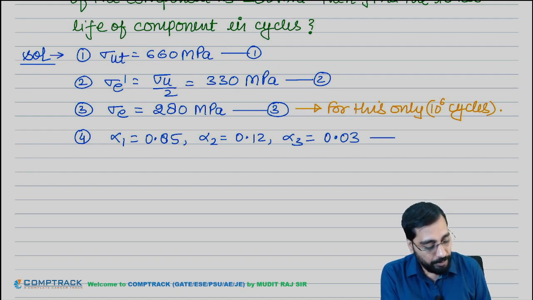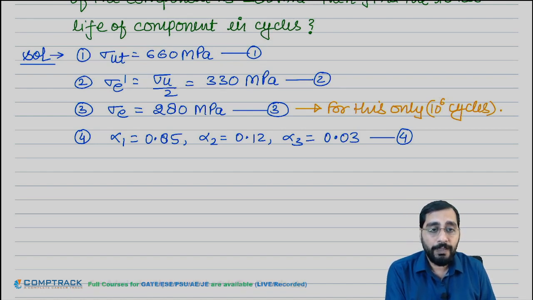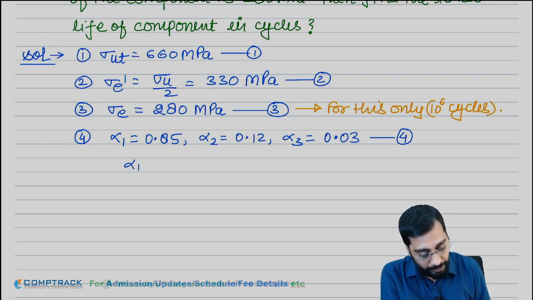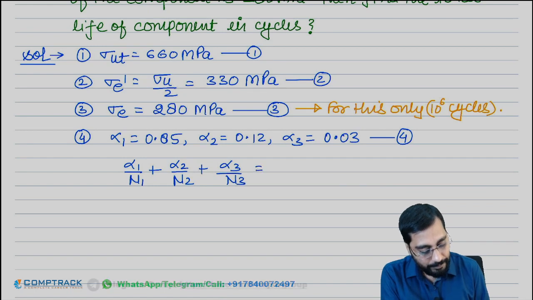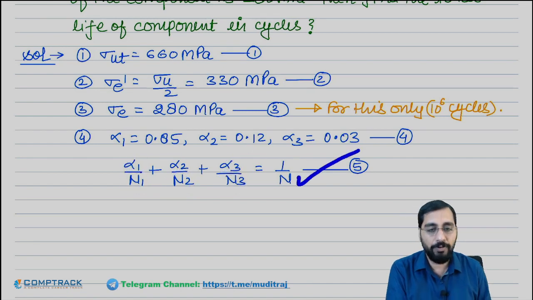So here alpha are known. Now you know the Miner's equation in terms of alpha and the n1, n2 and capital N. Yes or no? So if somehow you can find the value of n1, n2 and n3, then you can find the value of N. Alpha are known. You have to find this, this and this. Then you can get the value of N. Clear?